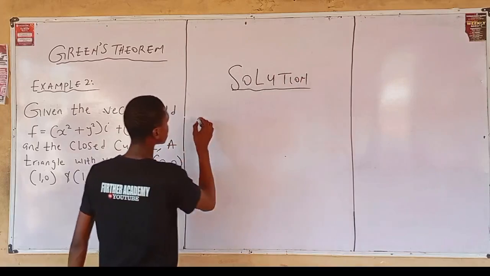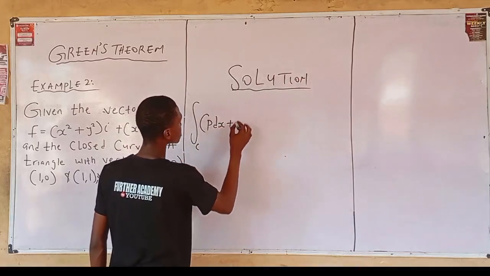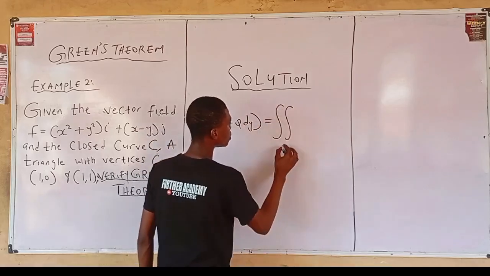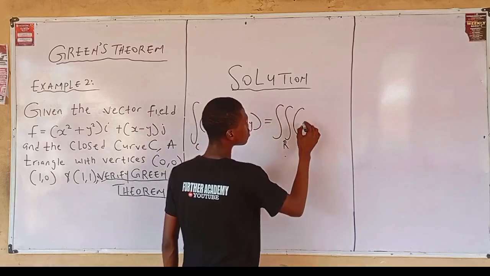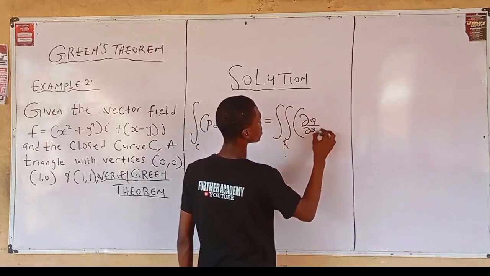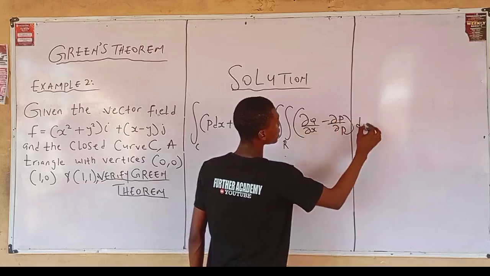The formula says that the integral over C of (P dx plus Q dy) is equal to the double integral over R of the partial derivative of Q with respect to x minus the partial derivative of P with respect to y.